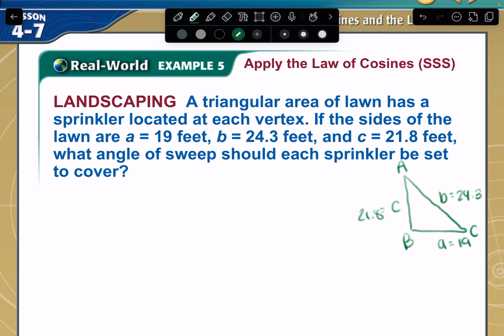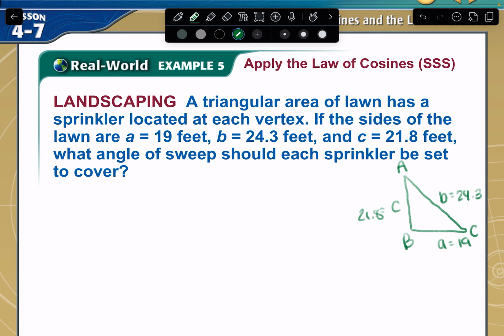From here, it's really up to you which of these angle measures you want to find first. It doesn't matter. You can really pick any of your formulas because you know all of your side lengths. So you're really just picking one of them to start with.